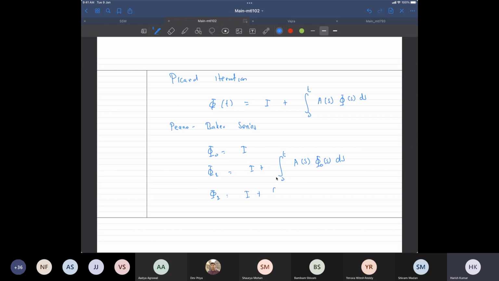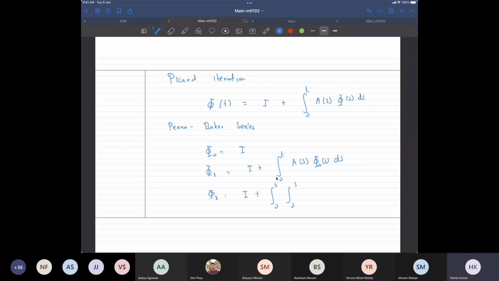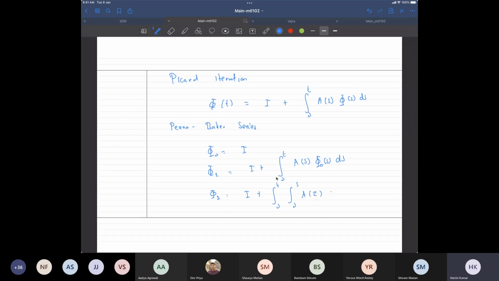This will be I plus integral 0 to t of A(s) times the integral 0 to s of A(tau) phi_1(tau) d tau ds. Okay, so this is exactly like Picard iteration but for the system.